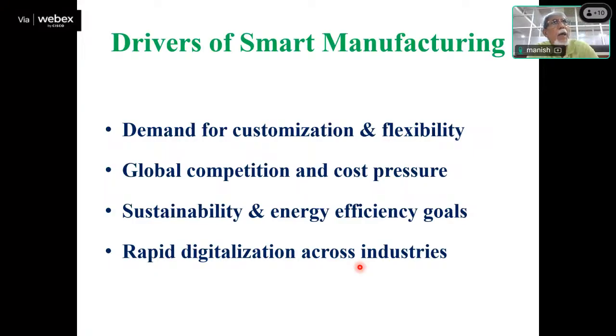And moreover, for any manufacturing system, it is very important at this particular point of time, since this century is branded as the century of the environment, that any process which we talk about has to be energy efficient and eco-sustainable. The sustainability goal is one of the primary goals for any of the manufacturing or practicing systems. So we also know that the sustainability and energy efficiency goals are major drivers of smart manufacturing.